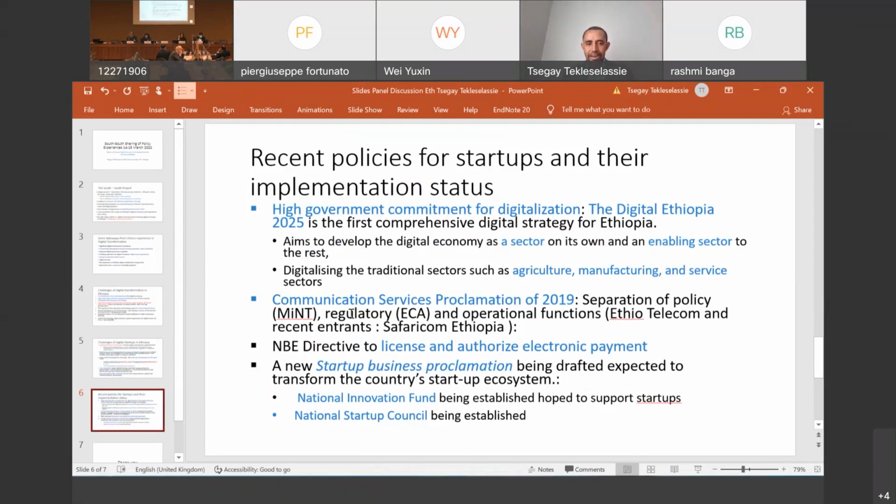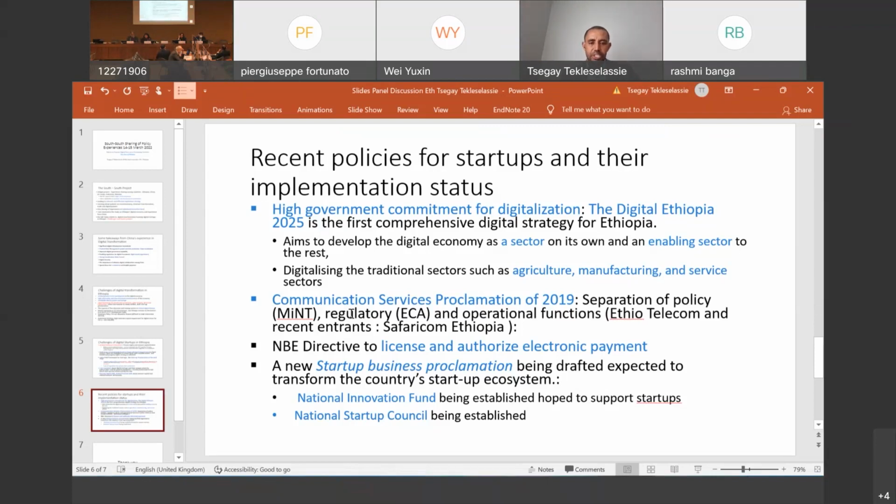It also clearly establishes that the traditional sectors, agriculture, manufacturing, and services, are to embed digitalization. That is a very positive development in my view.